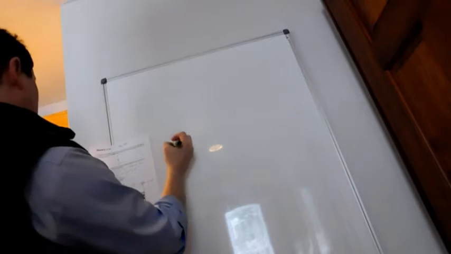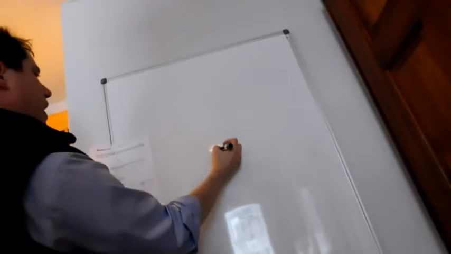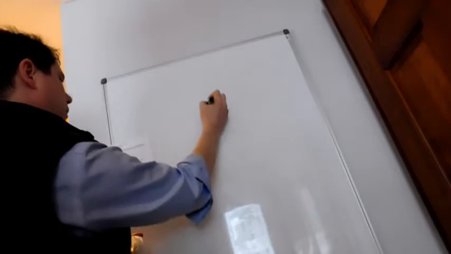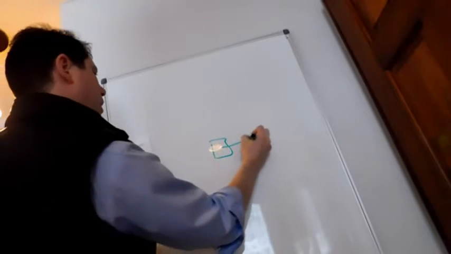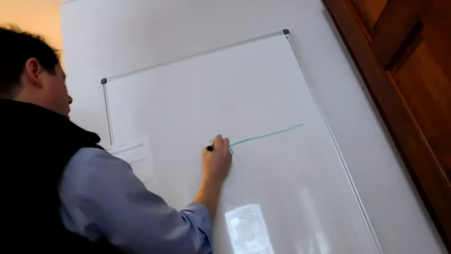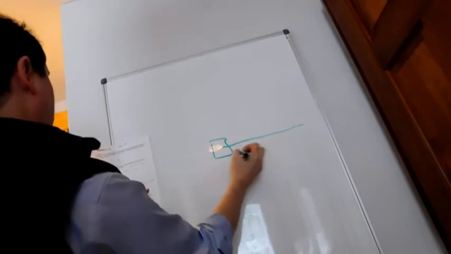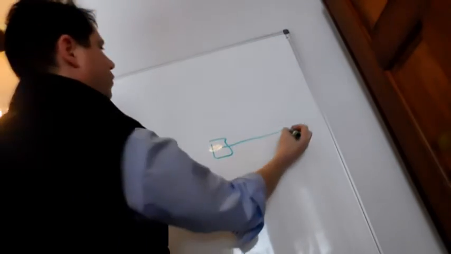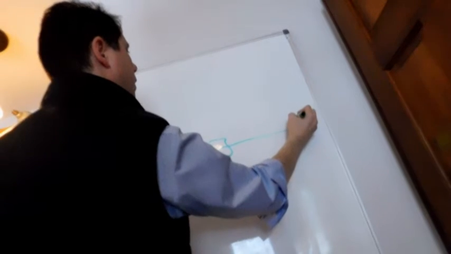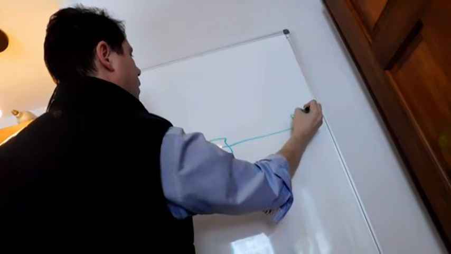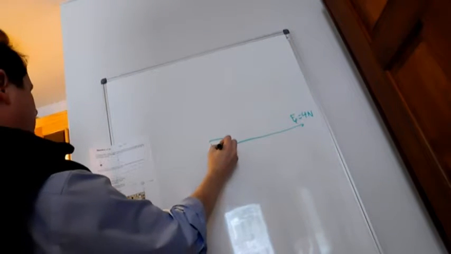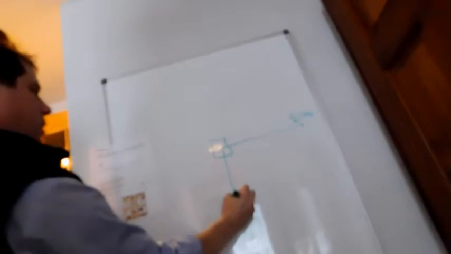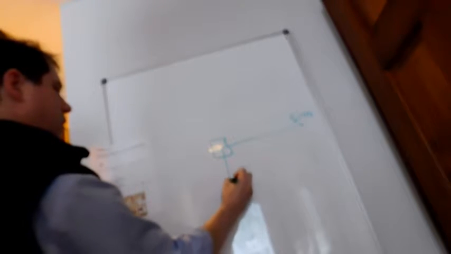And lastly, we've got C. So we have a graph here. And let's see, here's our box. And we have a force of friction equals 4 newtons. And we have force of gravity equals 3 newtons.